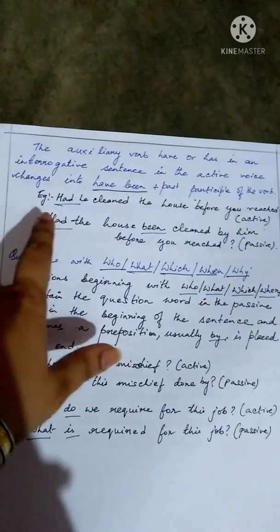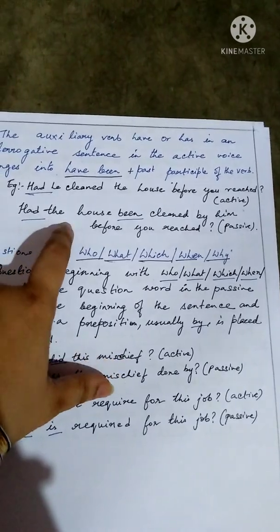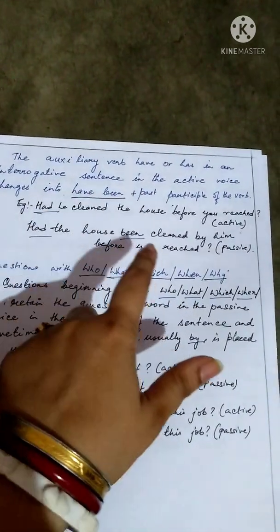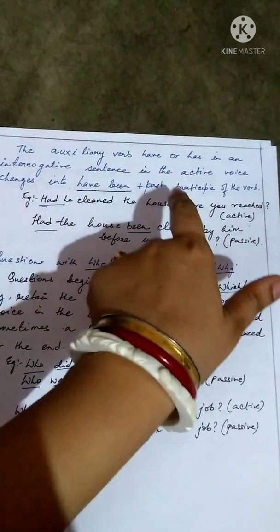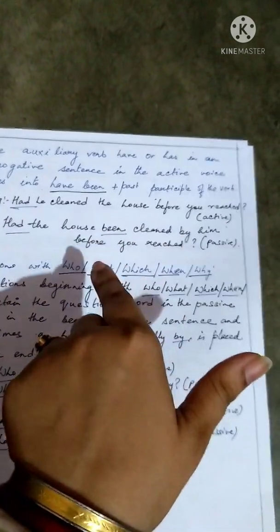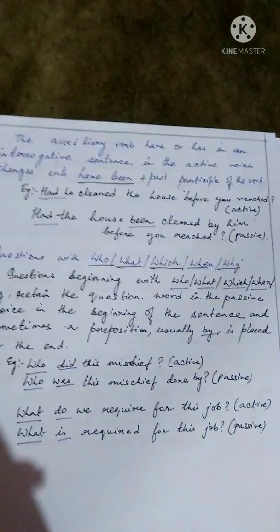And when it is transformed into passive: Had the house been cleaned? See, "had been" plus the past participle form of the verb. So, had the house been cleaned by him before you reached? So that's the change happening in passive.